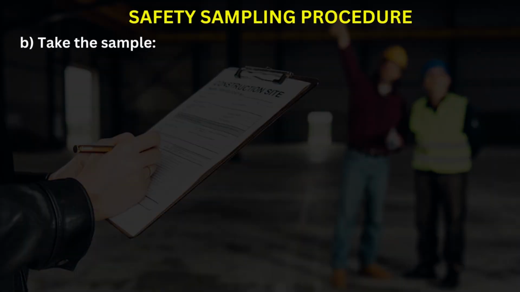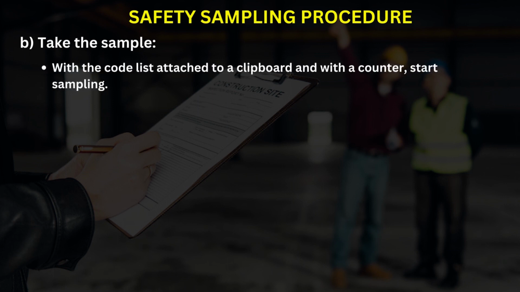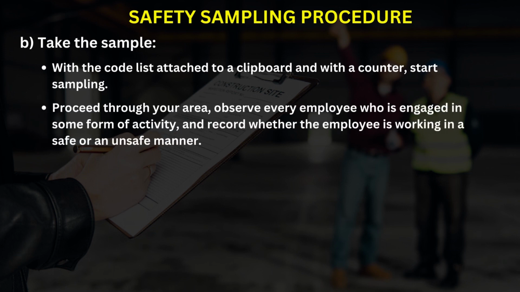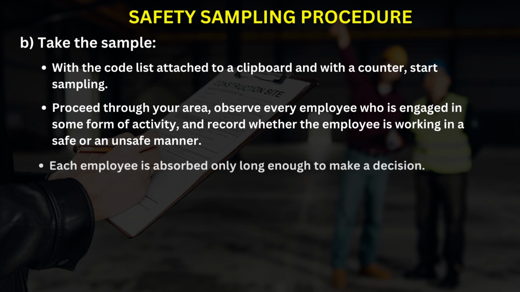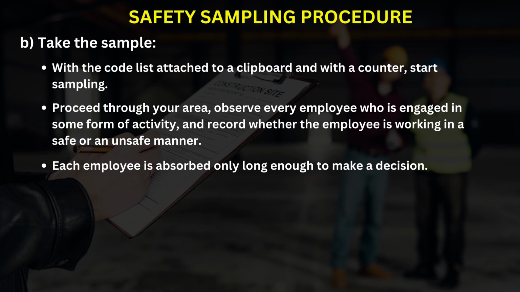Take the sample. How to take the safety sample? With the code list attached to a clipboard and with a counter, start sampling. Proceed through your area, observe every employee who is engaged in some form of activity and record whether the employee is working in a safe or unsafe manner. Each employee is observed only long enough to make a decision.